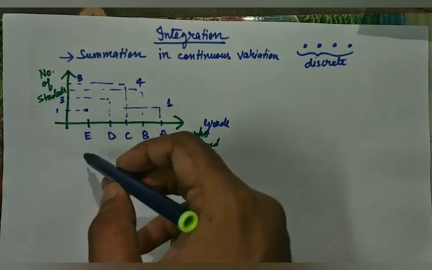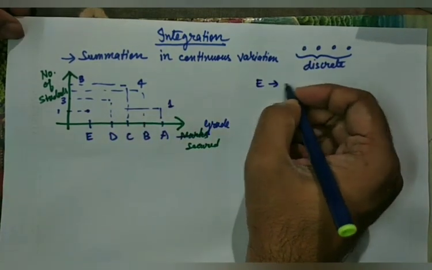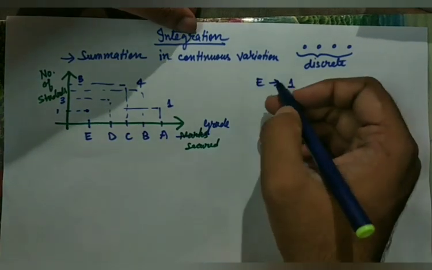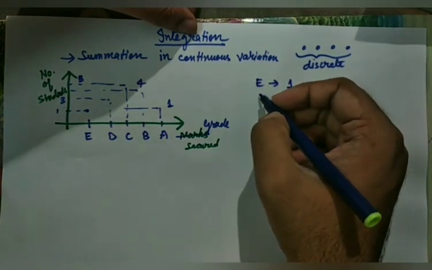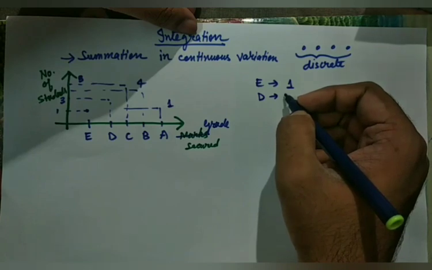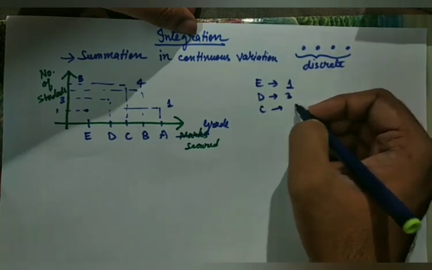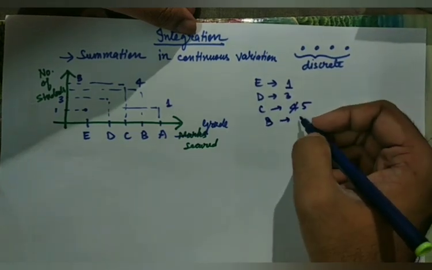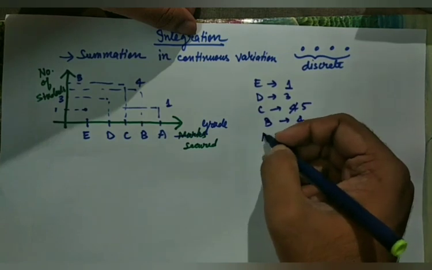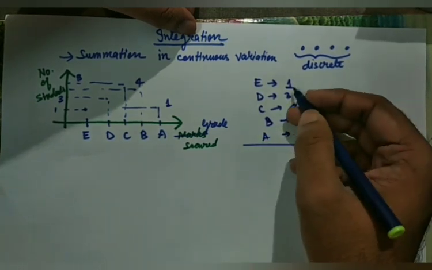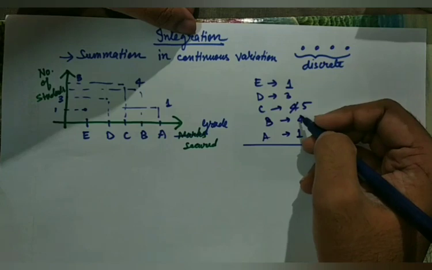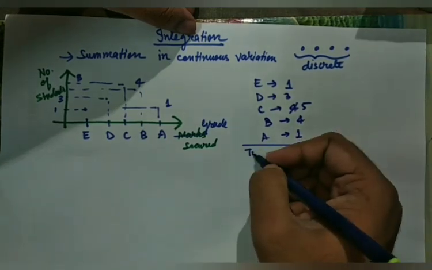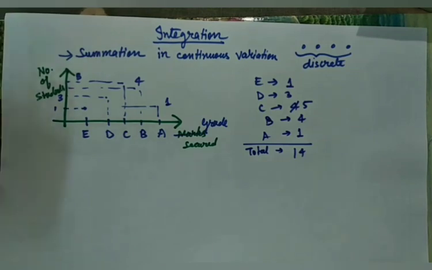It's very easy. E grade has been secured by 1 student, D by 3, C by 5, B by 4 and A by 1. So 3 plus 1, 4 plus 5, 9 plus 4, 13 plus 1, 14. Total number of students is 14. So this is very easy as it was discrete.